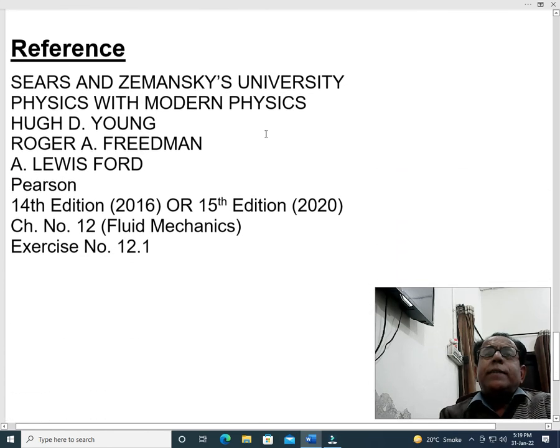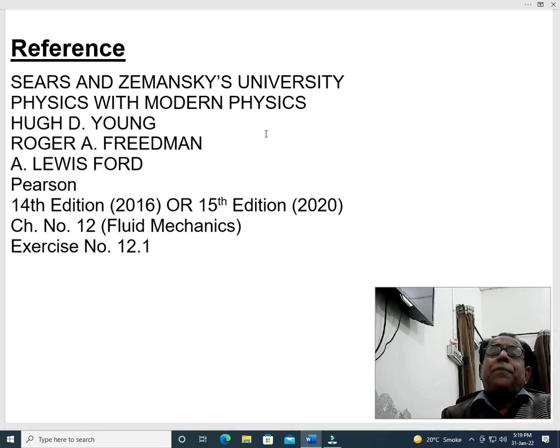Now we come towards the reference book from where this problem has been chosen. The reference book is Sears and Zemansky's University Physics with Modern Physics. Its authors are three: Hugh D. Young, Roger A. Freedman, A. Lewis Ford.